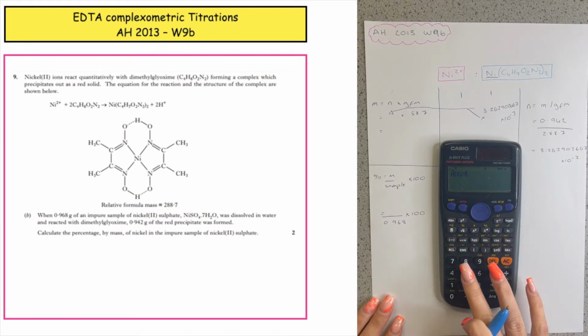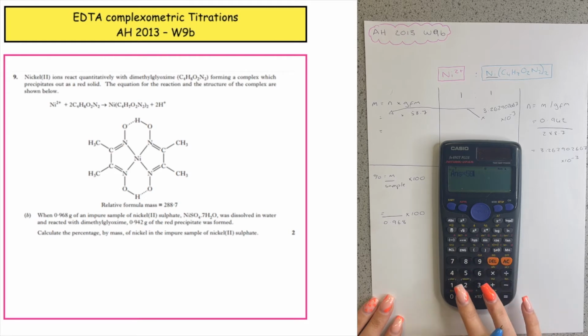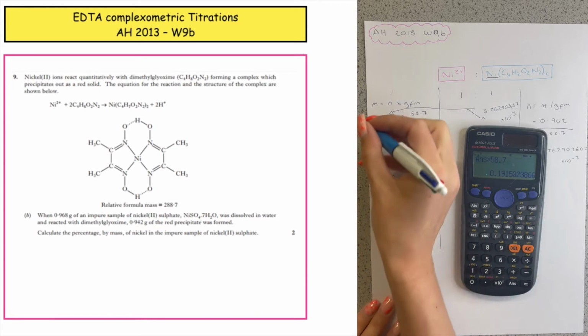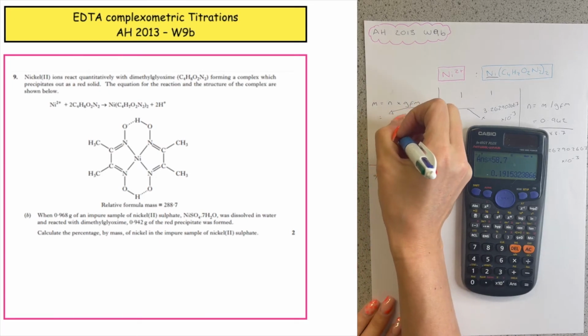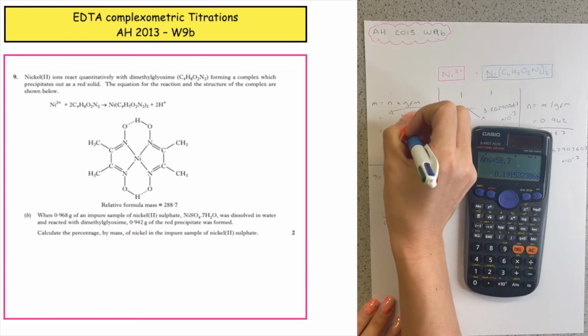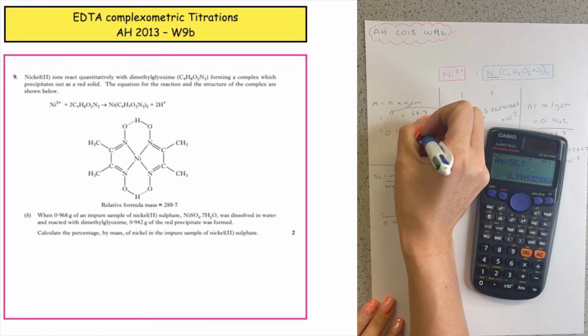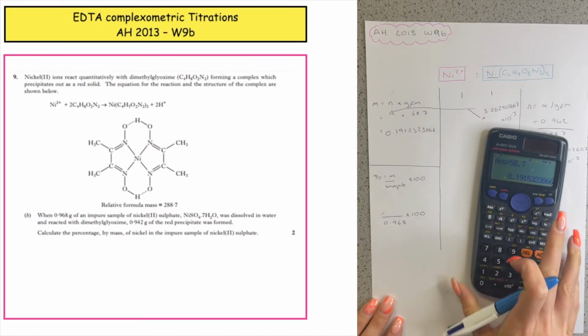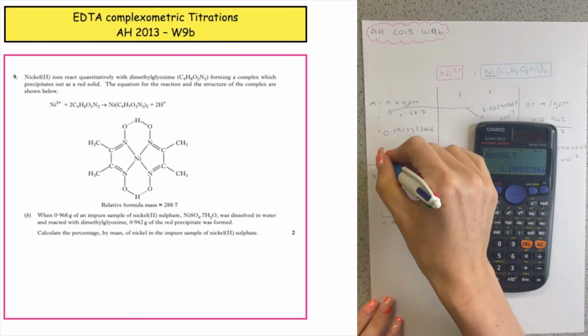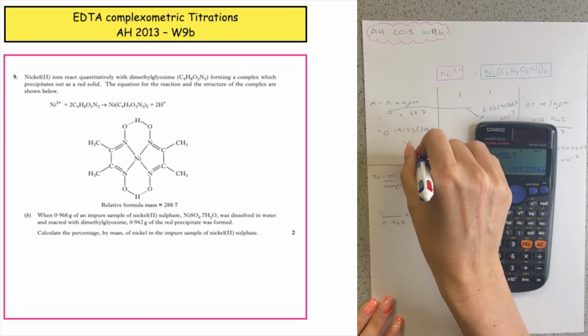So we times that by the GFM, which we'd worked out as 58.7. And that gives us a mass of 0.19153 to 3866. So we don't round at this point, we always want to substitute in and round at the final step.